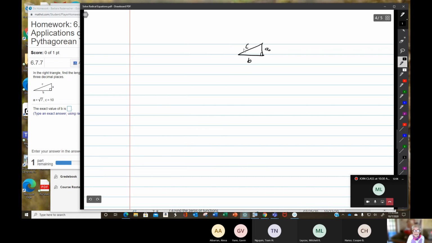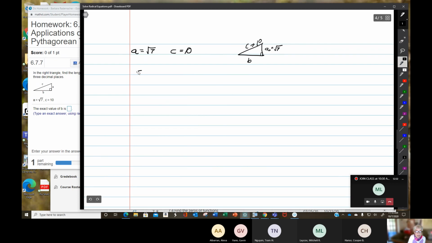And B and C, and they tell you what A is. A is the square root of 7, and C is 10. So C is 10, and A is the square root of 7, and you have no idea what B is. We have to find B.